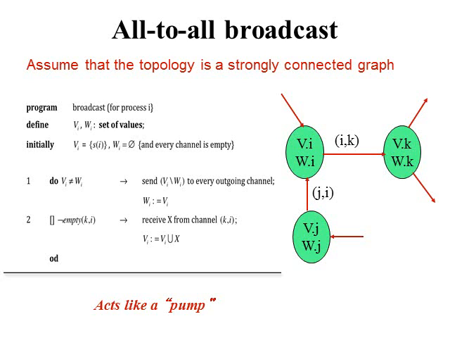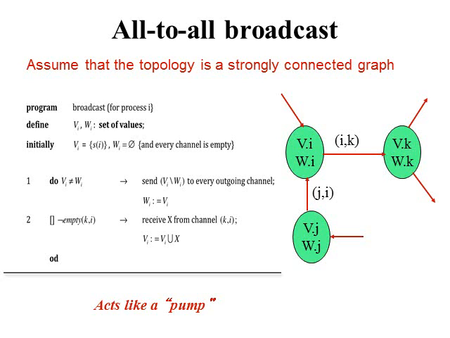The initial value of V sub I is nothing but its local state, because that's the only state that the process I has knowledge of before it starts the all-to-all broadcast algorithm. And W sub I is empty because nothing has been sent over the outgoing channel yet. Nothing has been shared with the other processes yet.